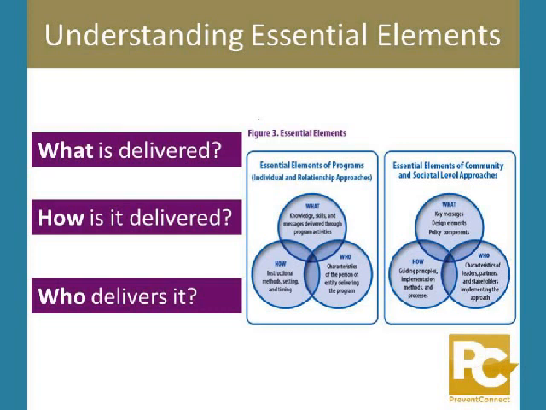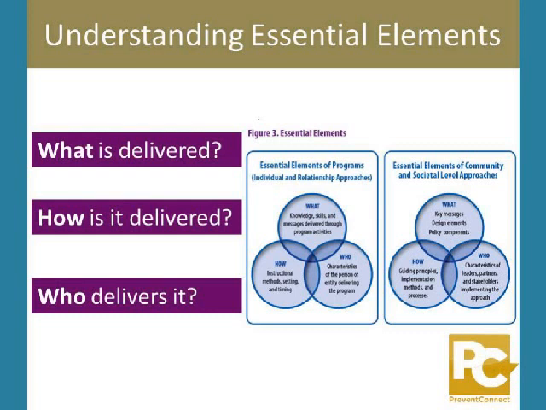who delivers it. What you can see here in the two Venn diagrams, someone once told me, for really important presentations, you have to have at least one Venn diagram, and we have two here. So I hope that's impressive. But the takeaway here is that this is laying out the application of the what, how, and the who.